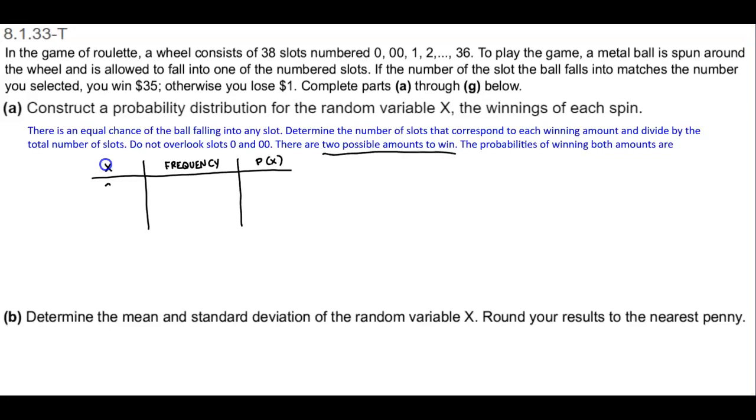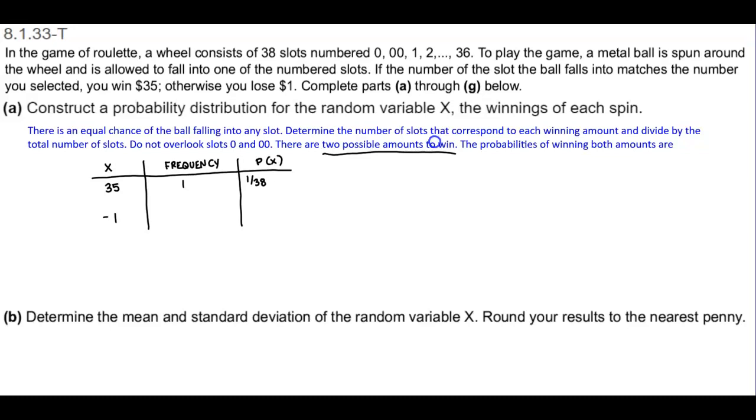We have either $35 or we can lose $1. Now, if we count up all these numbers from 0, 00 to 36, that's 38. So what that means is that there's one chance of winning the $35, which means that's 1 out of 38.